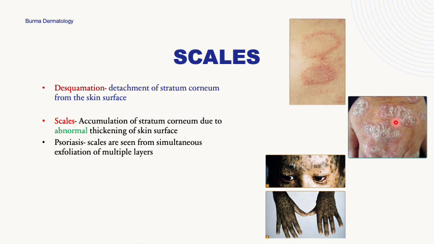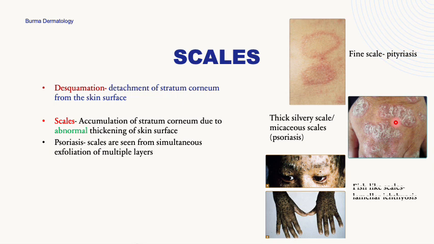And there are different types of scales. For example, fine scales in pityriasis, thick silvery scales or micaceous scales in psoriasis, and fish-like scales in lamellar ichthyosis, which is a congenital disease. And there are two mechanisms of scale formation, which are retention hyperkeratosis and proliferation hyperkeratosis.